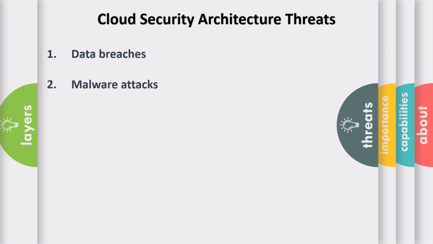Then we have malware attacks. What are malware attacks? Malware refers to malicious software, as I previously said, like viruses, ransomware, or spyware, designed to damage or steal data from our system. So what's the threat? Malware can infect cloud services, spread across your network, and cause severe damage like locking your data, stealing personal information, or corrupting files.